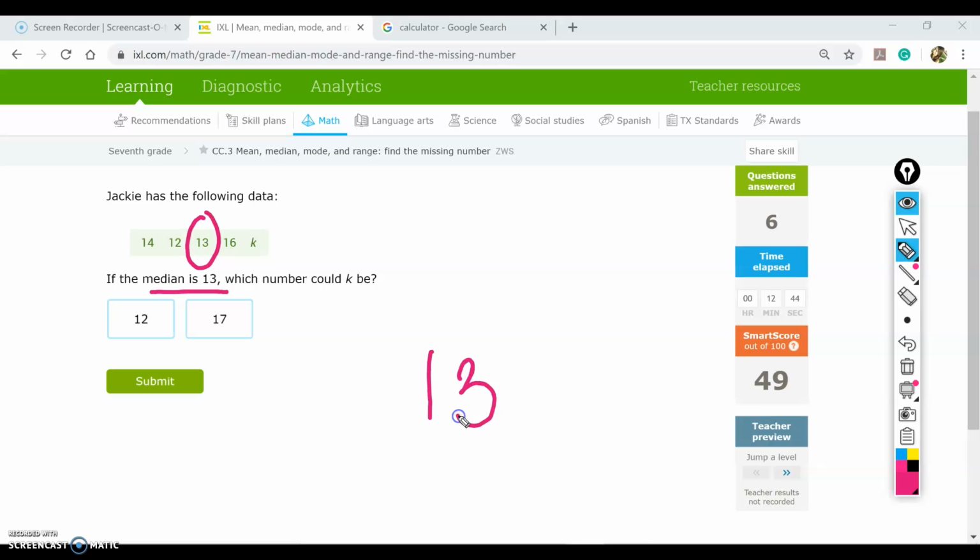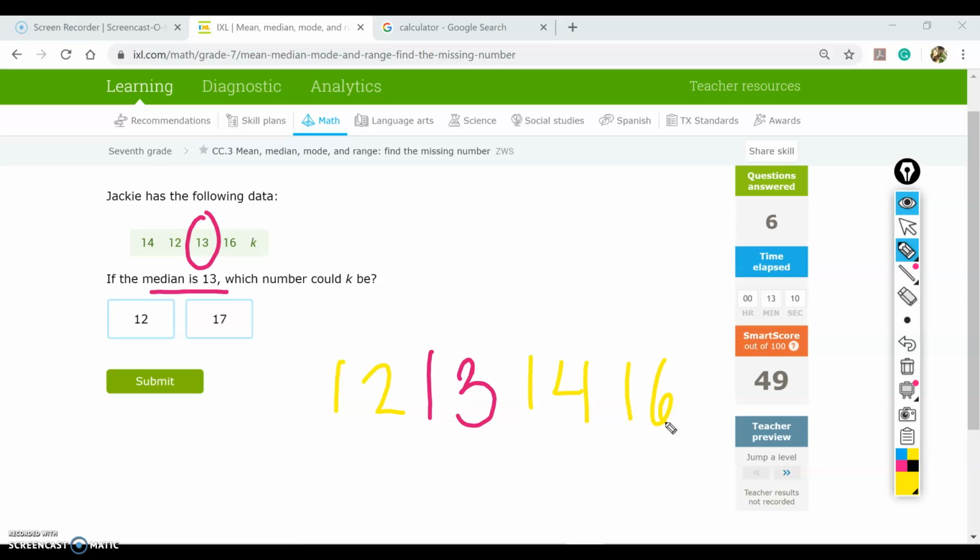So 13. Then, if you think about it, there's only 5 numbers. So 2 numbers need to be before 13, and 2 numbers need to be after 13. So if I do that, 2 numbers are before, it was actually only 12. And after that, I have 14 and 16. And then I have K. But if I already have 2 numbers after the 13, then K needs to be before the 13.